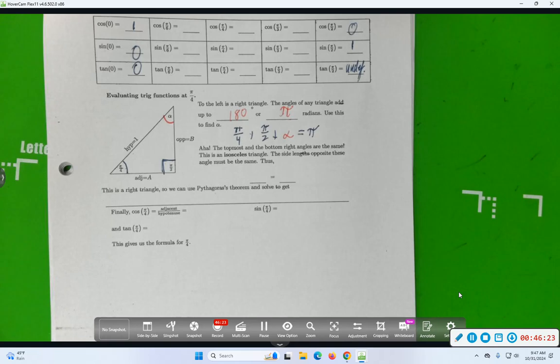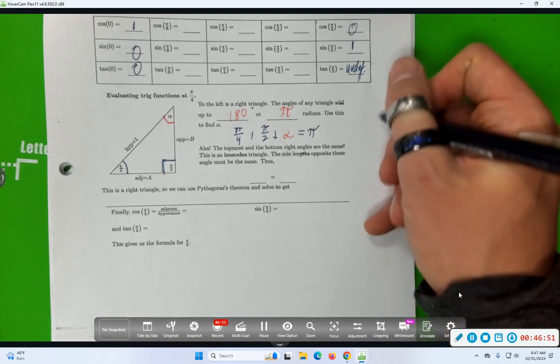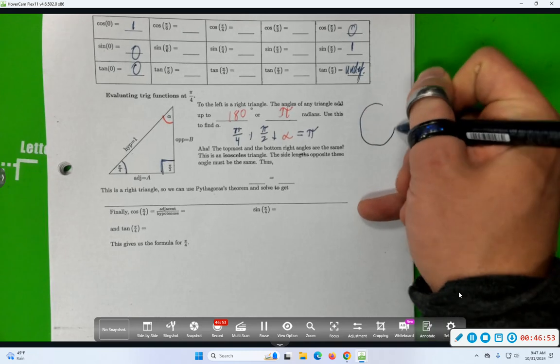Now that looks like something you can solve for alpha. What's alpha? Well, you can do it algebraically, but maybe I'll do the visual computation.